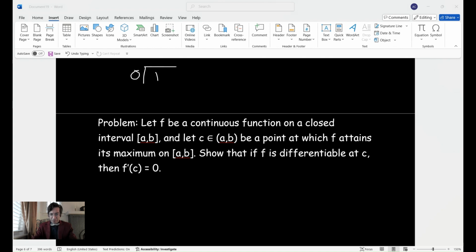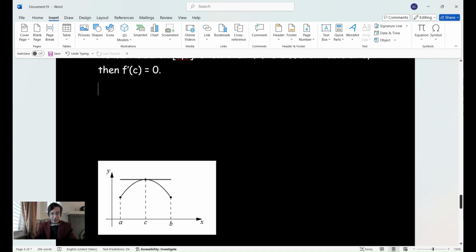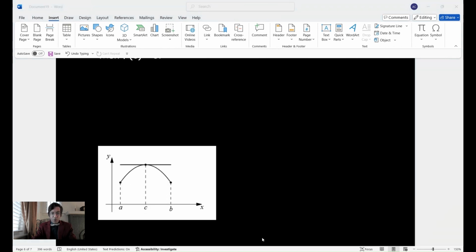I was talking about flattening out, and I was referring to something that looks like this. Notice what's happening here: the graph flattens out at that maximum, and so the tangent line at the point C, f of C, is horizontal. That leads us to a conjecture.